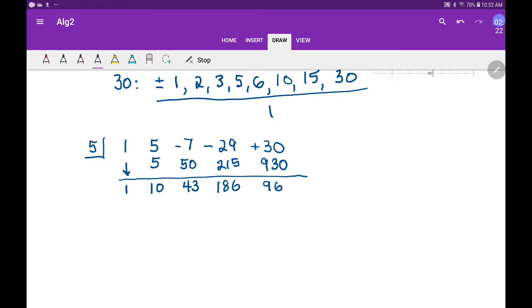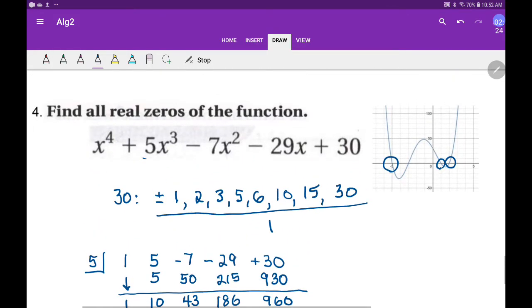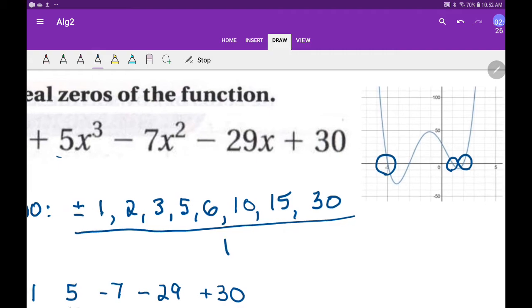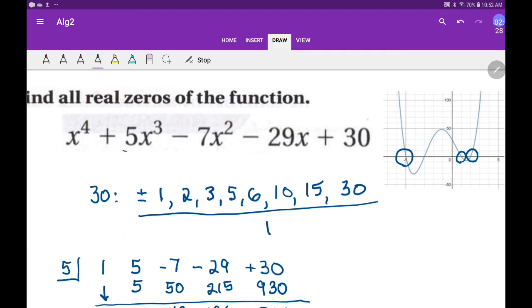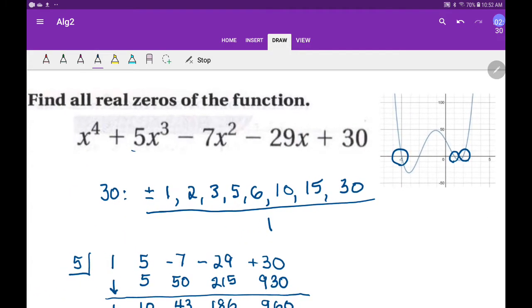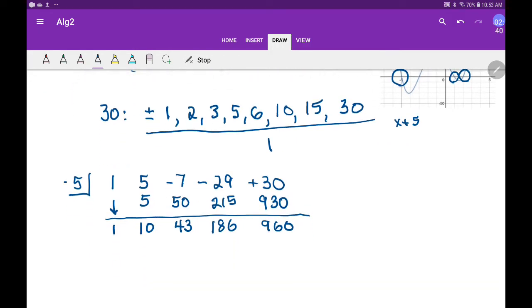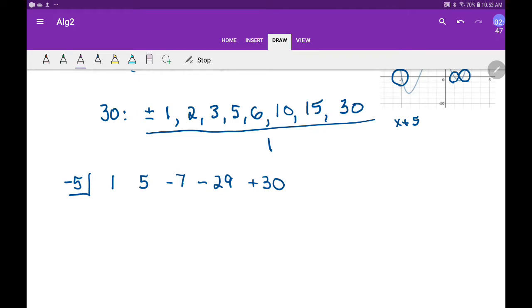And so I got 960. Okay, so it may have looked like 5 was a good number. Oh wait, it was negative 5. I was thinking about when you say x minus 5, but it's not. It's x plus 5, so I should have actually said negative 5. Ah, it's the actual root. Okay, so mistake. Don't do that.